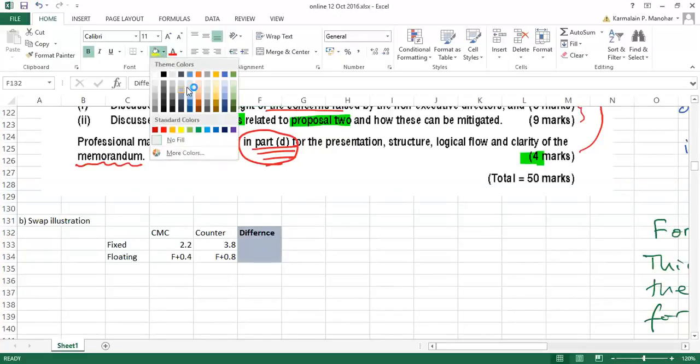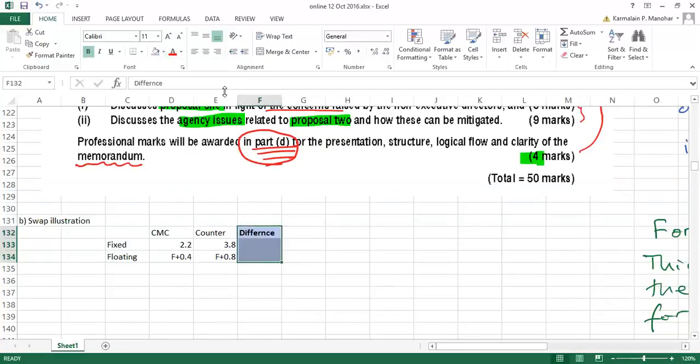Yes or no? Yes, that's right. Who's better off? CMC. So again, remember the concept behind the swap. While CMC would be better off on its own, CMC could be even better off by achieving a further saving, no matter which type of borrowings it prefers.